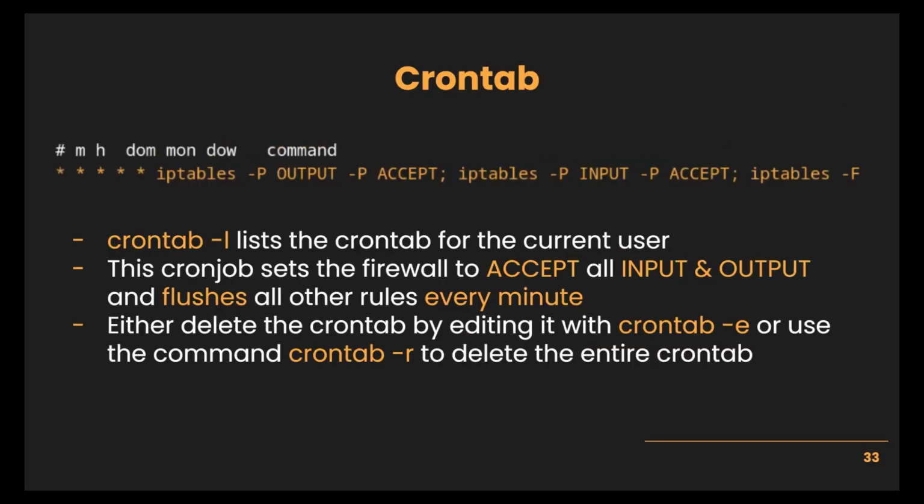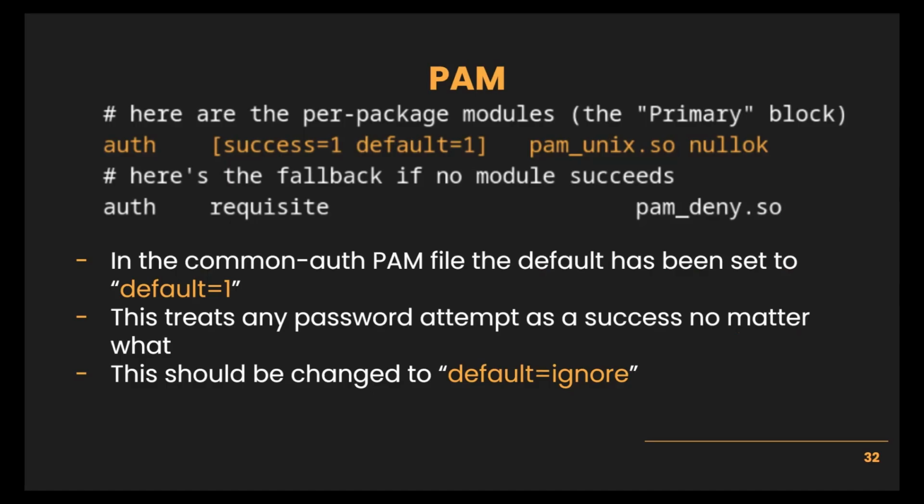Hi, I have a question. Yes, yeah. So is pam_permit supposed to be there in common-auth? Yes, it is. Actually, we're not sharing screen anymore, but the line underneath that, see here, it says here's the fallback if no module succeeds, right?